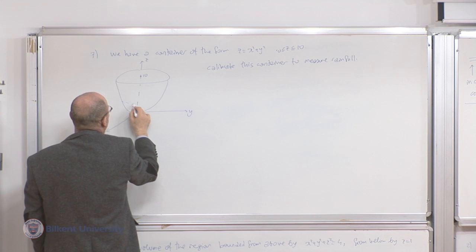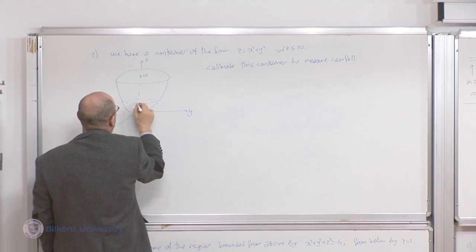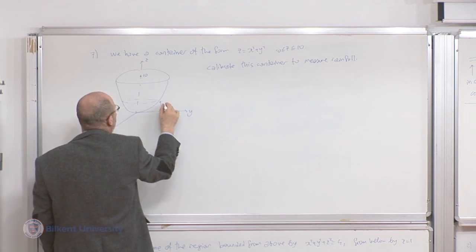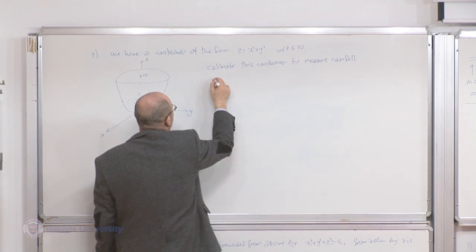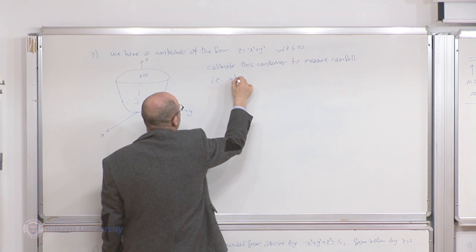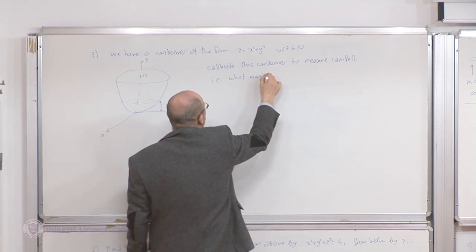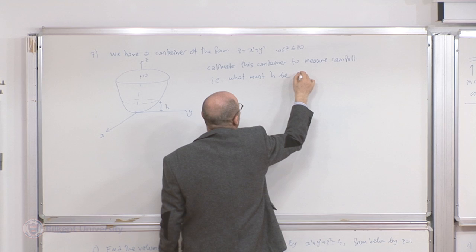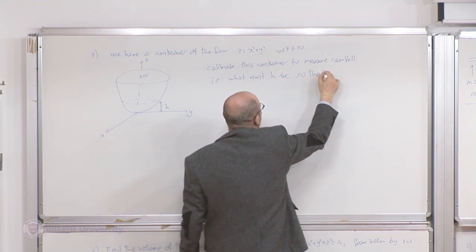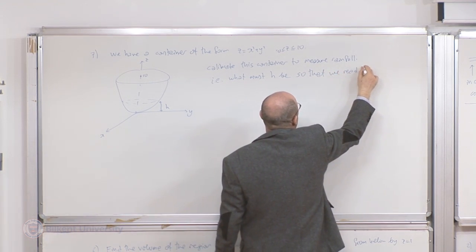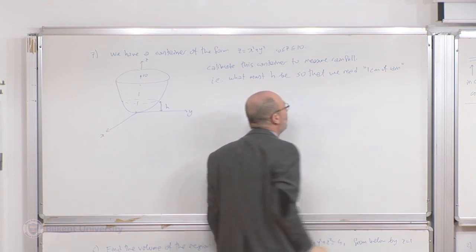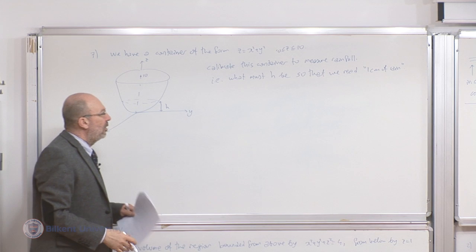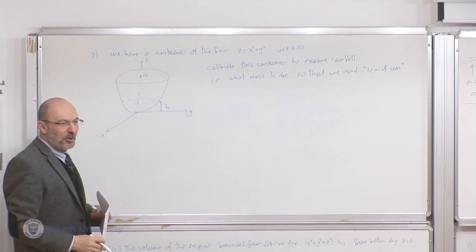Suppose there is rain here at height h, so z is equal to h. Calibrate this: what must h be so that we read 1 centimeter of rain? What does it mean, 1 centimeter of rain?